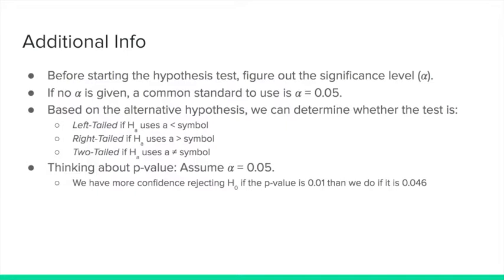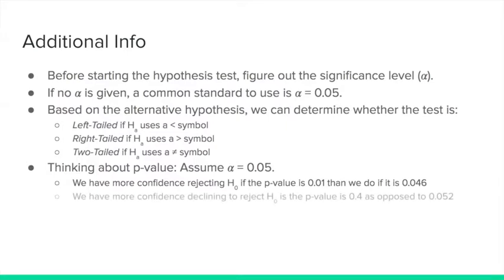Comparing that to 0.05, 0.01 is quite a bit lower. But on the other hand, if you had a p-value of 0.046, that's just barely underneath that alpha value. So when you state your conclusions, you may want to refer to whether or not the p-value was kind of close to the significance level, or if it was kind of a blowout. There was no question that the p-value was lower than alpha.